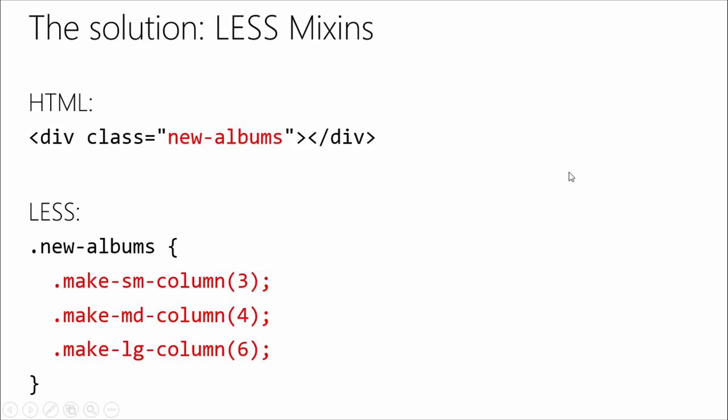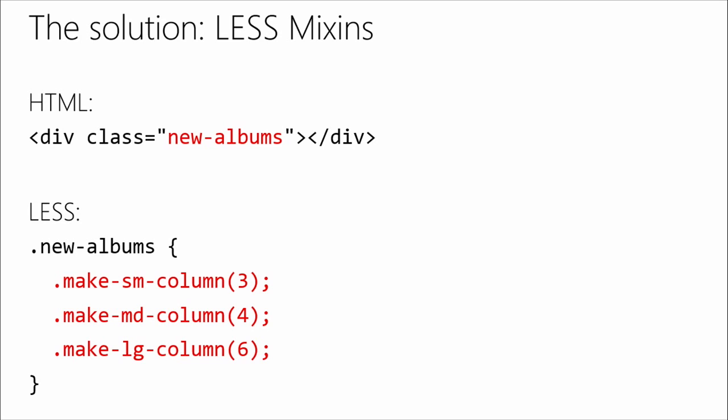Here's where we can put all those pieces together. We know that Bootstrap is built using less, and they compile things down. As part of doing that, they include a lot of mix-ins.